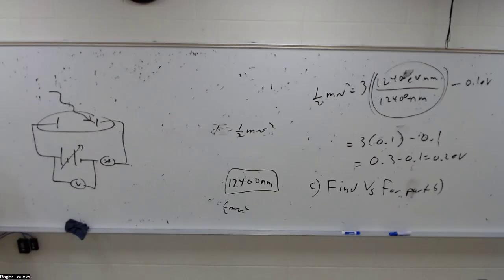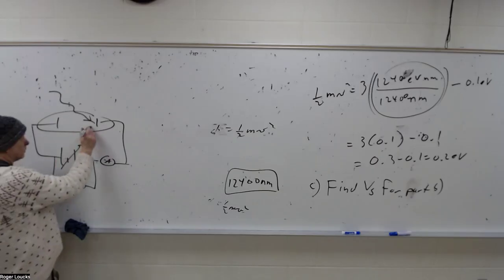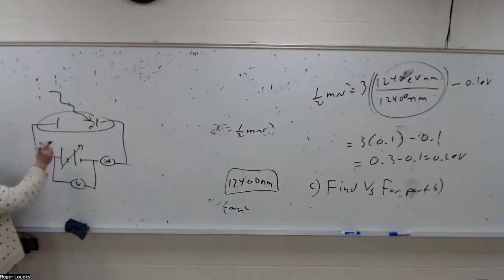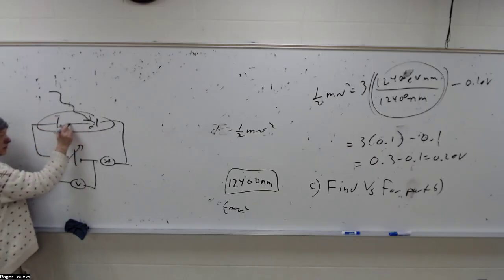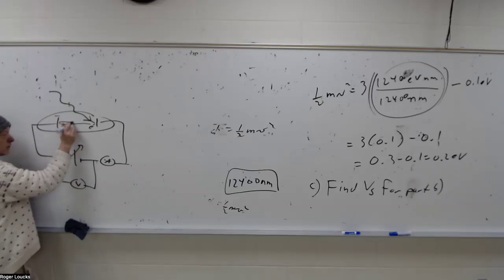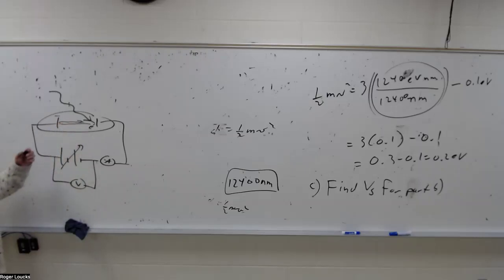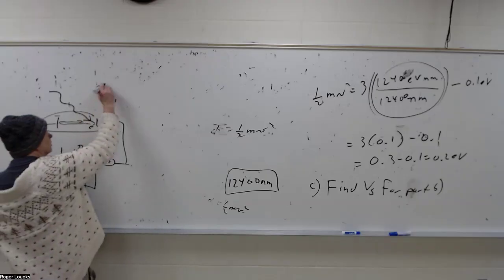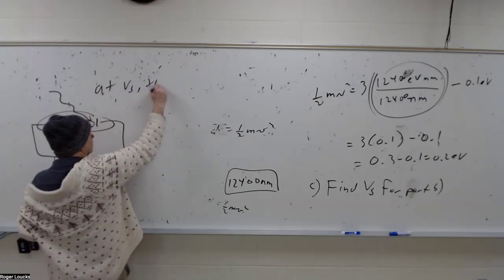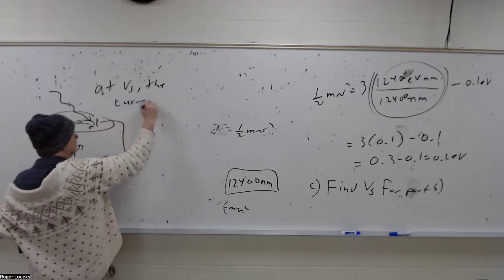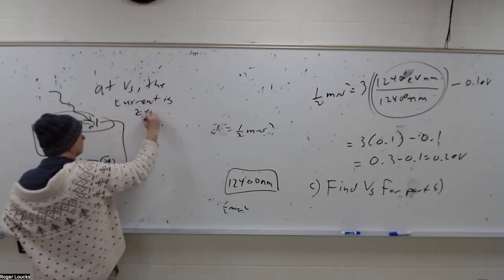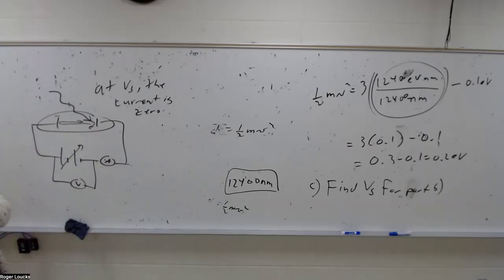That's our experimental setup. The photon goes in, we kick out the electron here, and if this is negative enough, what's going to happen? That electron is going to zip over here, then turn around and go back that way. And our current is going to go to 0, right? So at V sub S, the current is 0.